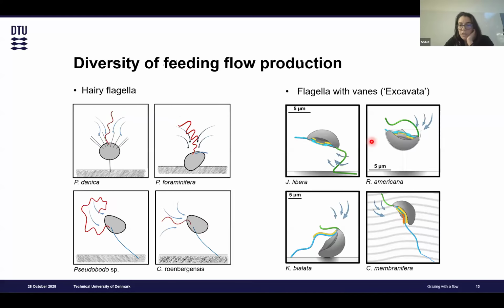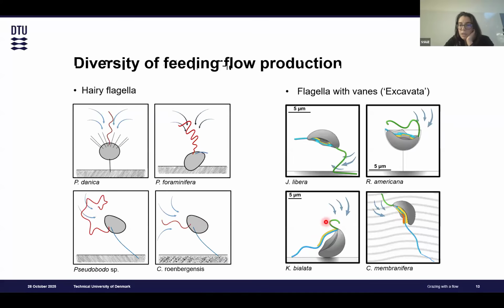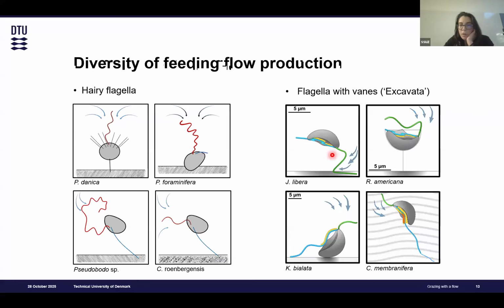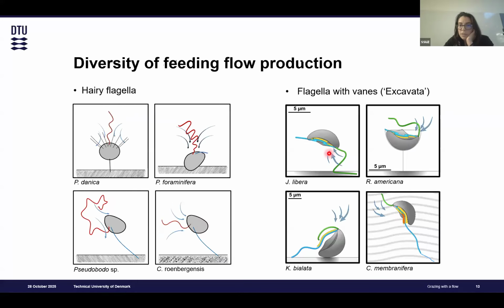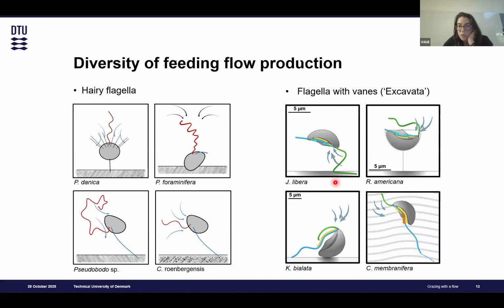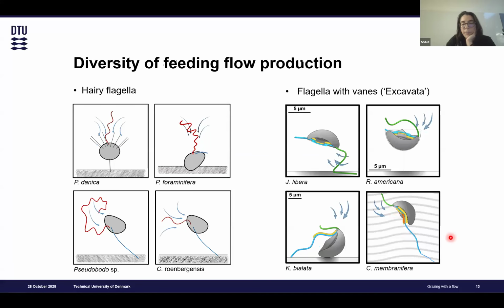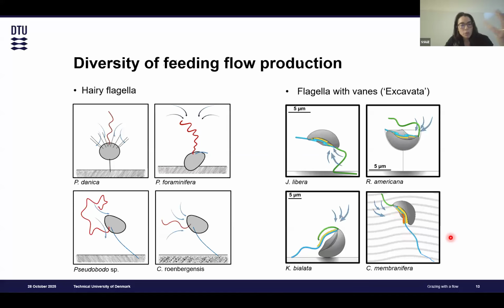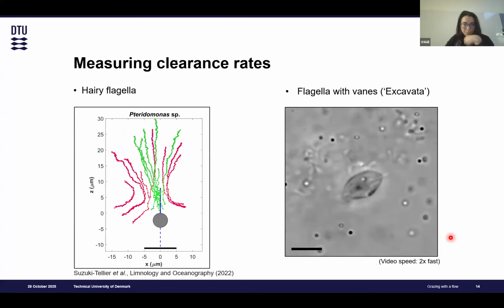These have veins that are maybe towards the outside, here in yellow, for example, or towards the inside of the groove, like here on top. They may be attached to the surface in different manners, or else just skidding along the surface, like this organism over here. But this is how they're all generating these feeding flows to capture their prey.